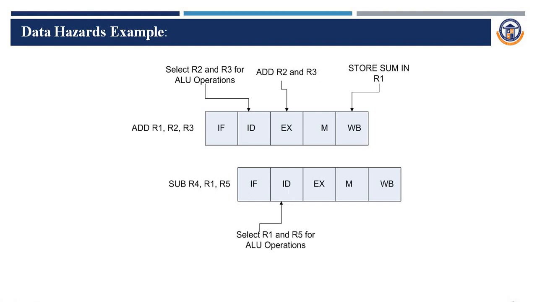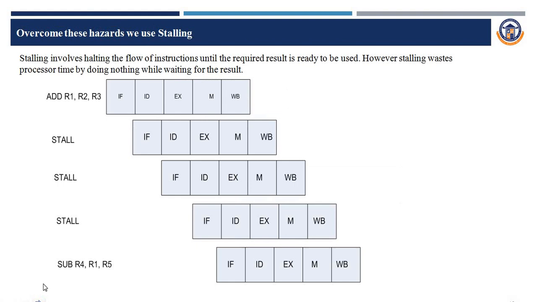The distance between the write back and instruction decode stage is 2, that is the execution and memory stages. We need the result to be available immediately to the instruction decode stage. How to make this possible? By means of stalling.